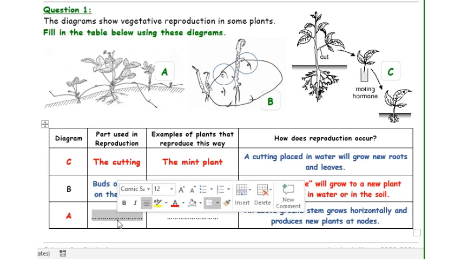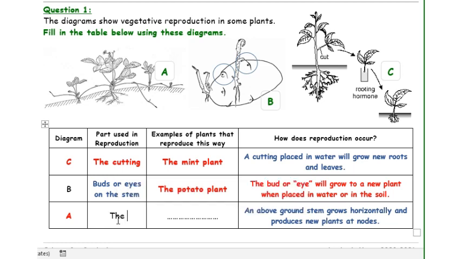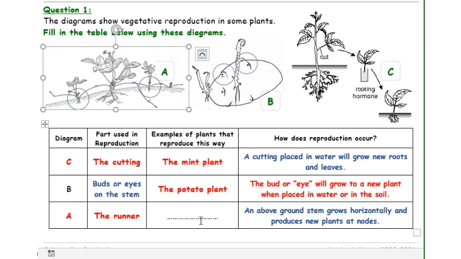It is actually the runner, which is an above ground stem that grows horizontally, and this stem grows new plants at nodes. So these are the nodes. And in this location, we can clearly see two new plants.